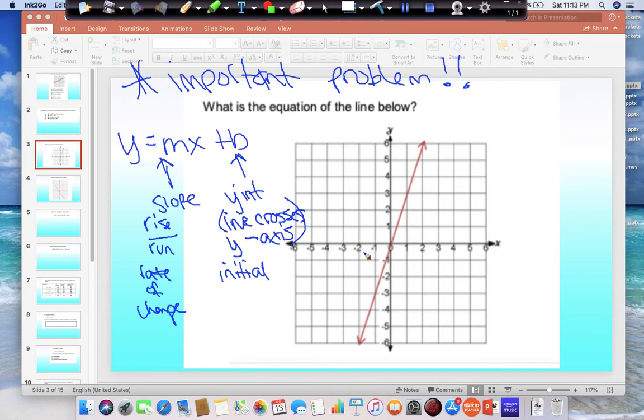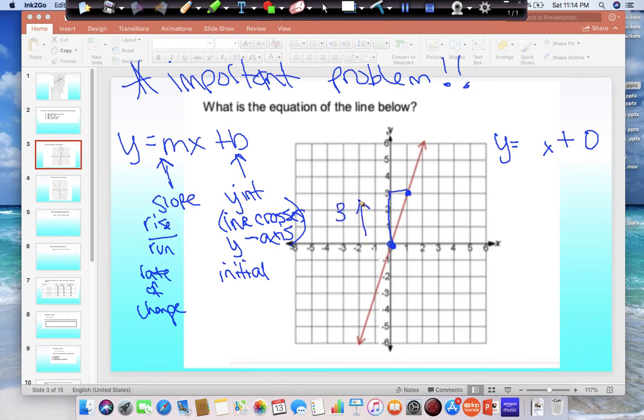Okay, so we want to put this in y equals mx plus b form. First, we need to know where it crosses the y-axis, which is 0. I'm going to go ahead and put my variables y and x already in my formula of y equals mx plus b. And then all we need is our slope. We are going to do rise over run. I'm going to pick 2 points that are on the line. And then we are going to connect them.